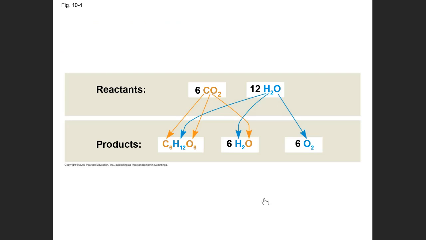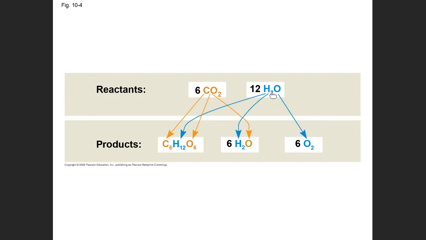So this is just illustrating the idea that the carbon in carbon dioxide will be used in the sugar, and the oxygen will be used in making the sugar as well as producing some water. And the water that is used to split, to release those electrons, the hydrogens can get incorporated into the sugar.